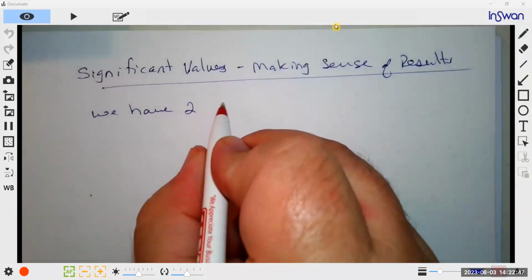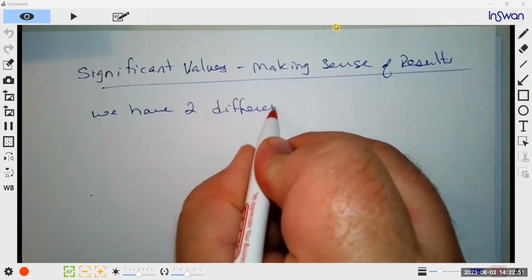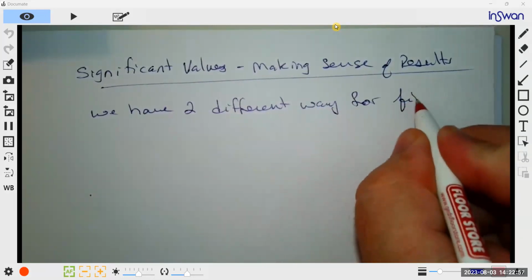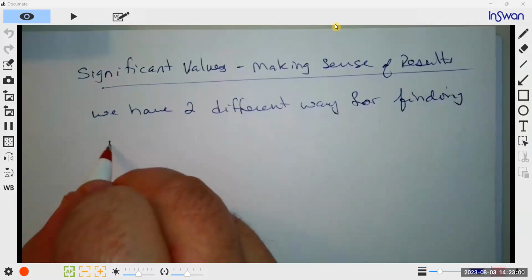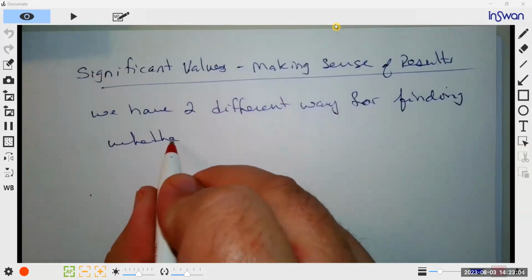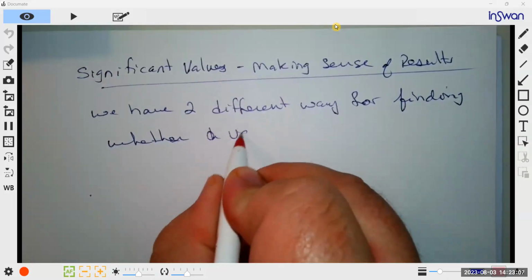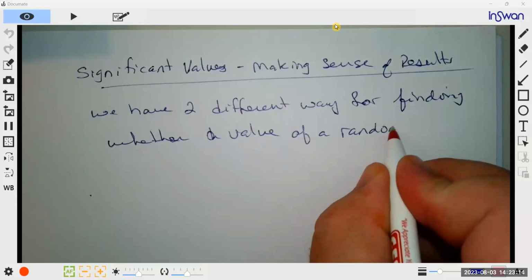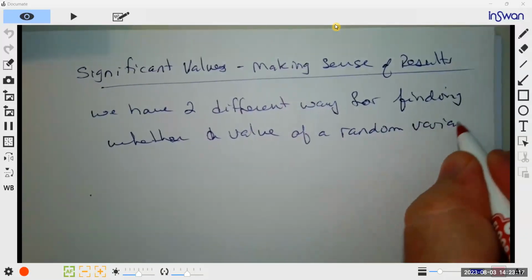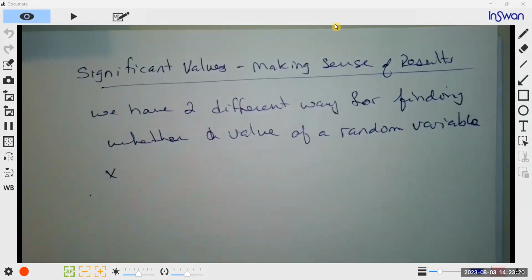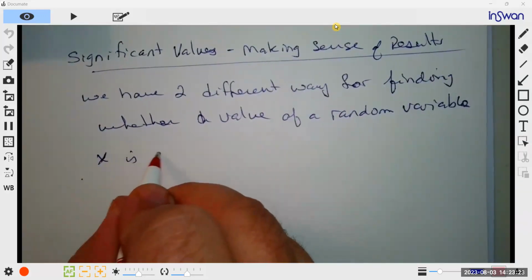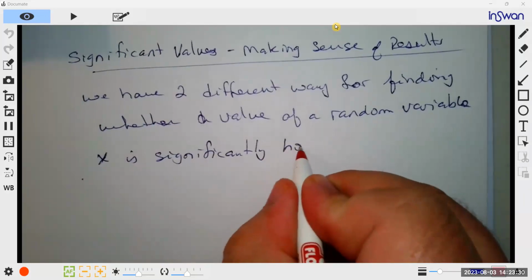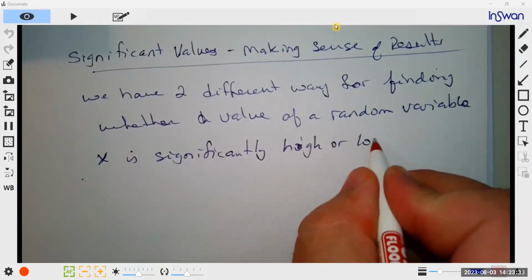We have 2 different ways for finding whether a value of a random variable x is significantly high or low.